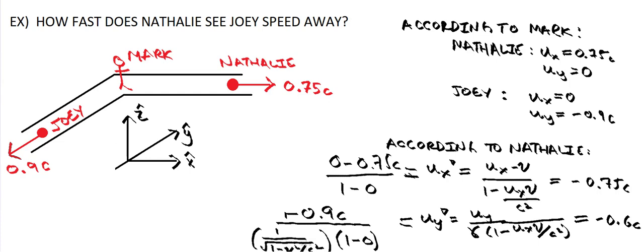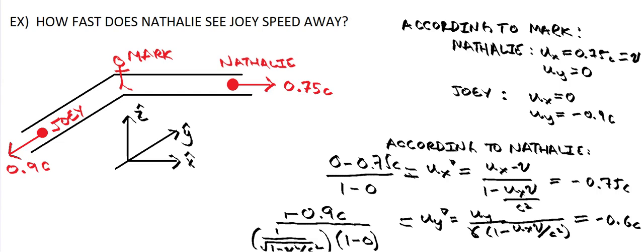And the value for v again is going to wind up being 0.75 c. Why do I keep doing that? So hopefully that is okay.